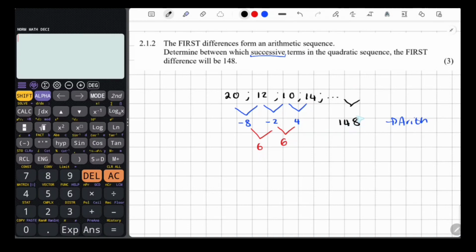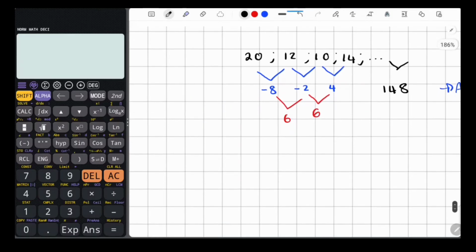To find which term in this arithmetic pattern will have the value of 148, we need the general formula, which is Tn is equal to A plus n minus 1 times D. So our first term is negative 8, plus n minus 1, and our constant difference D is 6.